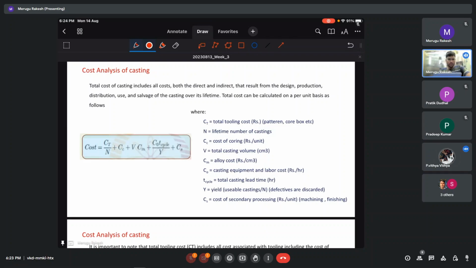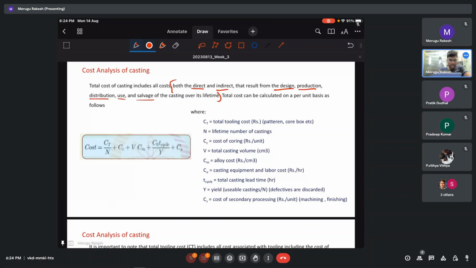The total cost of casting includes all costs, both direct and indirect, that result from the design, production, distribution, use, and salvage of the casting over its lifetime. So it is considering each and every aspect from the start of the casting to the end of the product. Everything is taken into account.